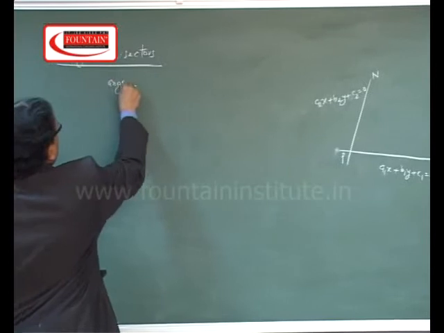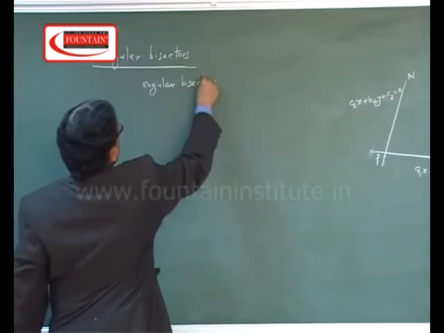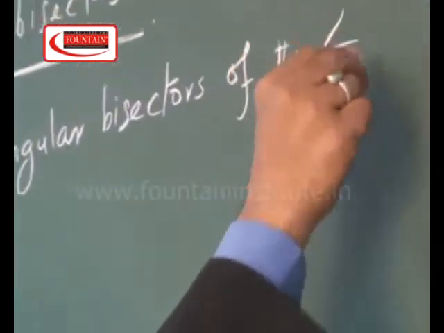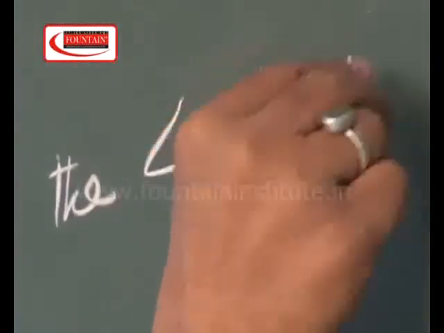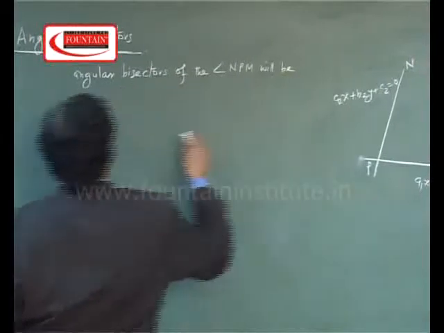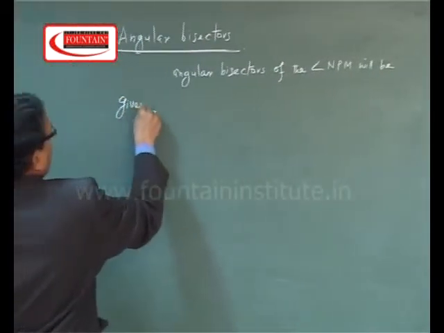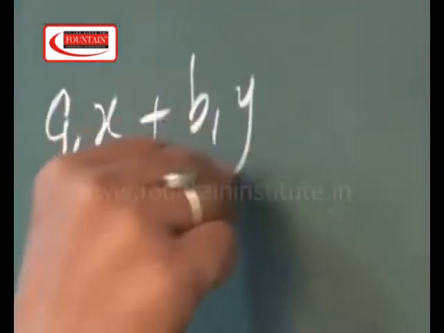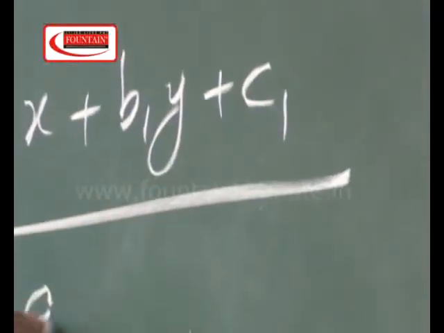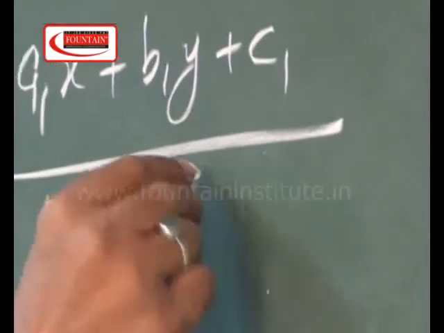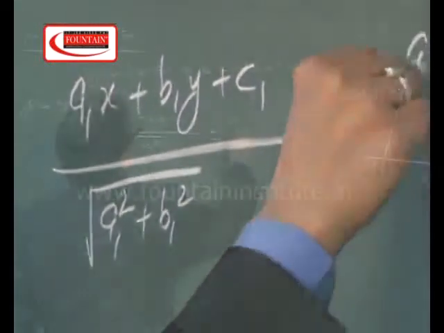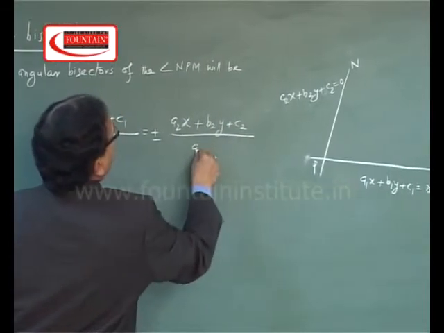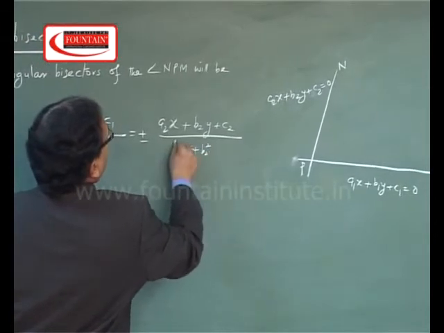Angular bisectors of the angle NPM will be given by, like this: a1x plus b1y plus c1 divided by the square root of a1 square plus b1 square is equal to plus minus a2x plus b2y plus c2 divided by the square root of a2 square plus b2 square.